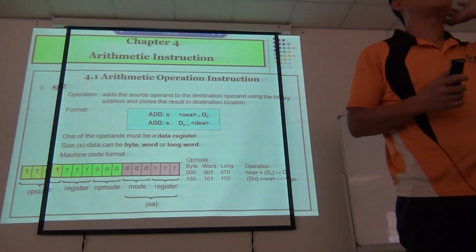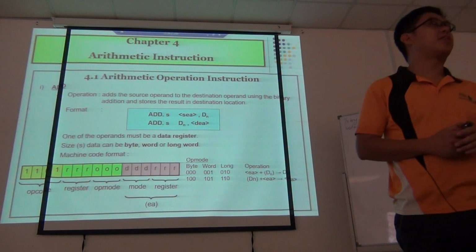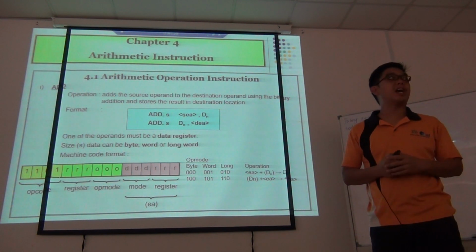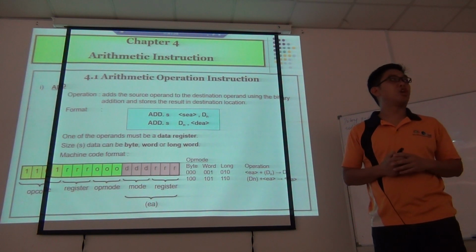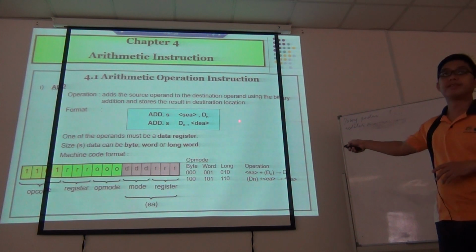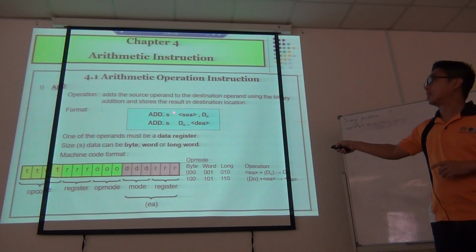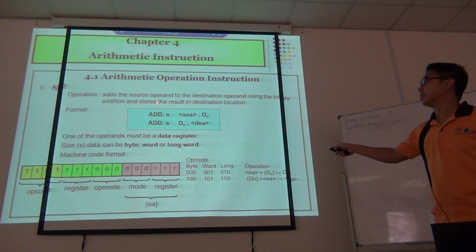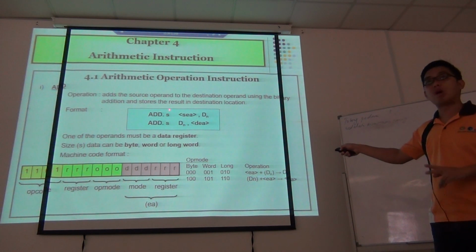So we have to start with add. Add function or add syntax. Okay, the add operation is going to be in this format. Add dot size. Size is either byte, word or long word. And then you have the source.